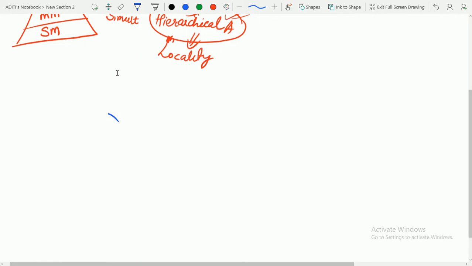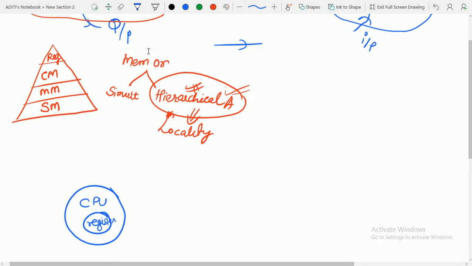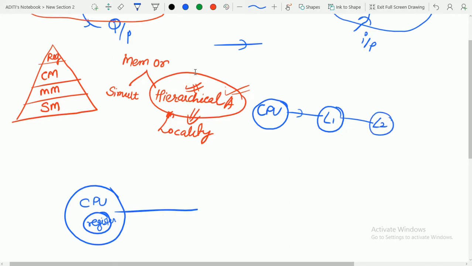As we know, the CPU contains registers inbuilt inside it, so register is here, that is level 1 of memory, and then cache memory is there. In the hierarchical memory system, the CPU is connected firstly to level 1 memory, then L2, then L3, and so on.